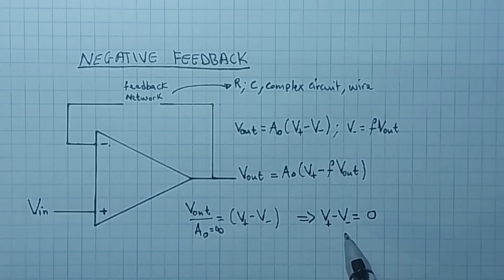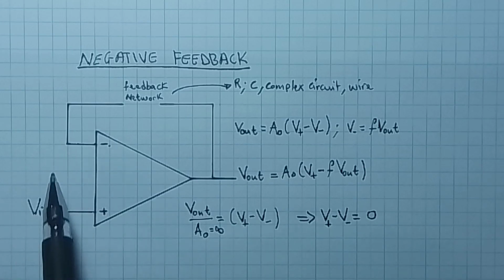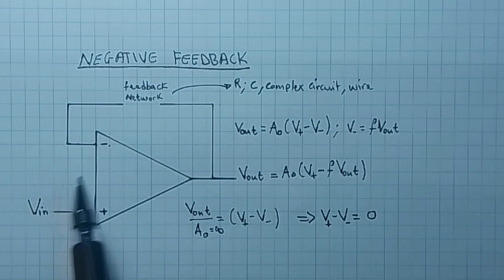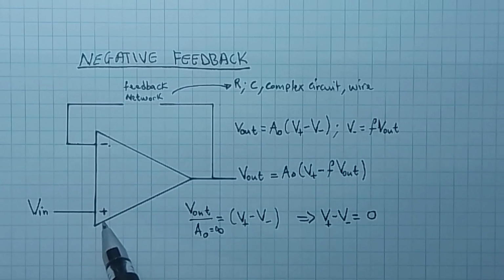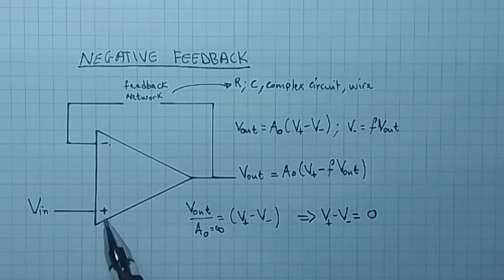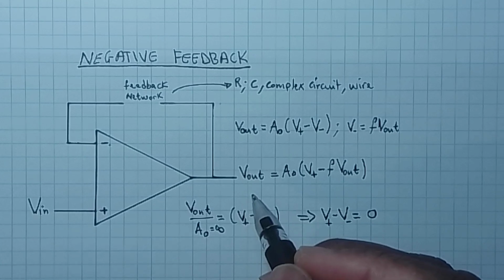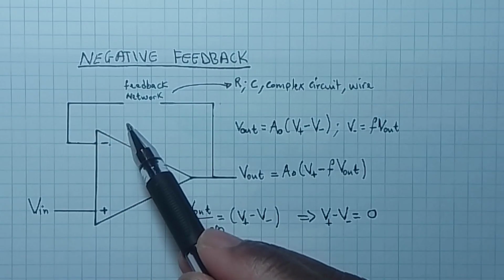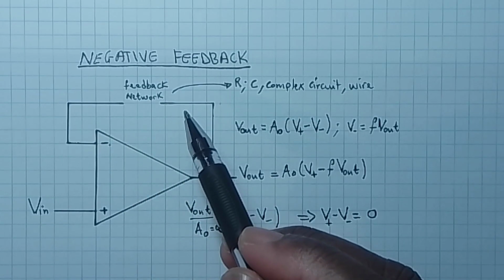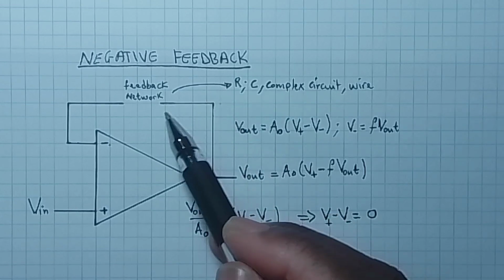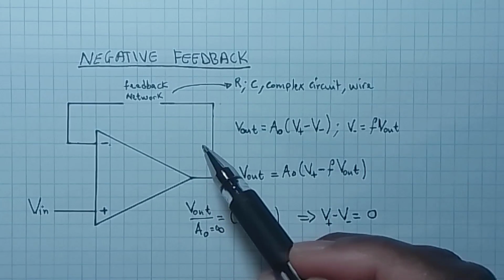This result brings us to a fourth rule that we need to remember: whenever an op amp senses a difference voltage between its inverting and non-inverting inputs, it responds by feeding back as much current or voltage through the feedback network as is necessary to keep this difference equal to 0.